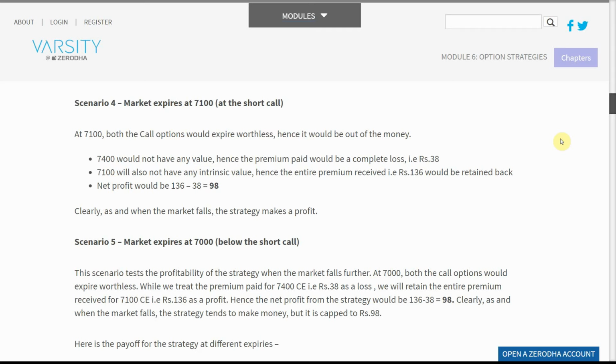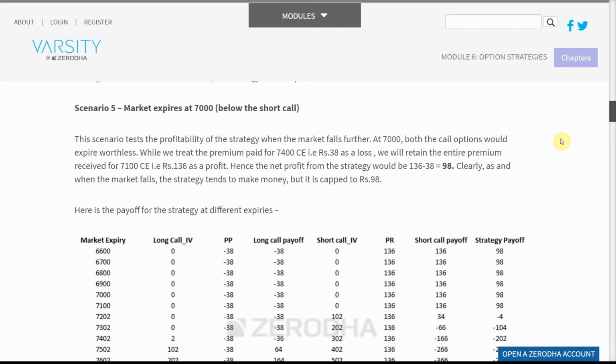Scenario 5, market expires at 7,000, below the short call. This scenario tests the profitability of the strategy when the market falls further. At 7,000, both the call options would expire worthless, while we treat the premium paid for 7,400 CE, i.e. 38 rupees, as a loss.